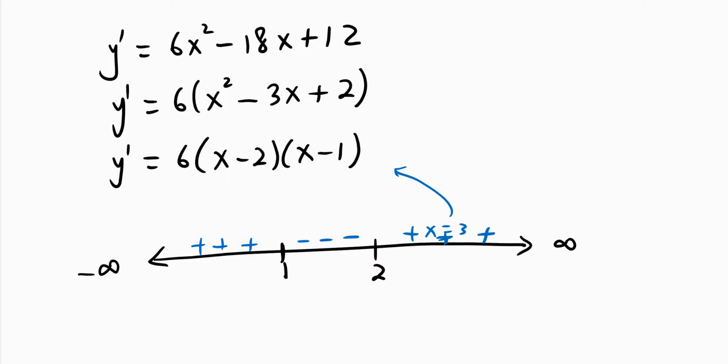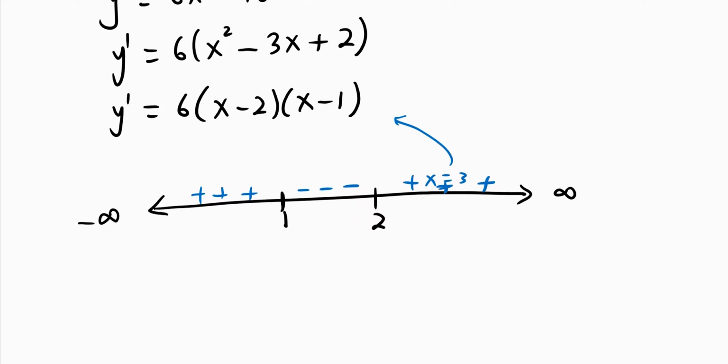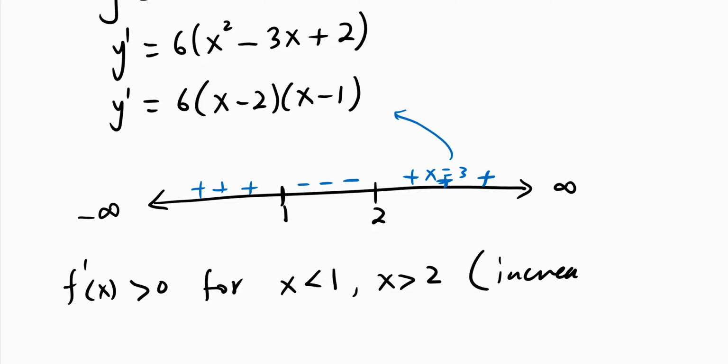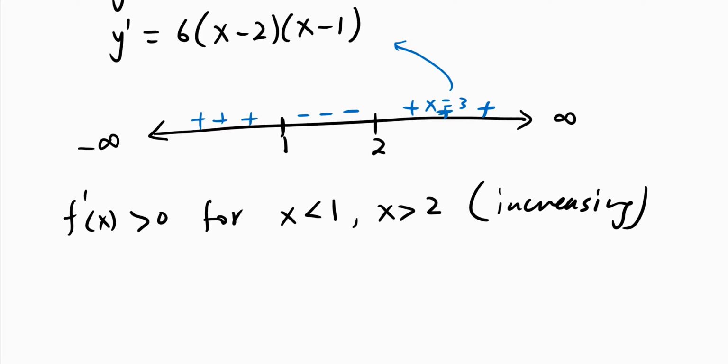So what is this saying? f prime is positive for x less than 1 and x bigger than 2. That's when the function is going to be increasing over these two intervals. In other words, it's from negative infinity to 1, union 2 to infinity.